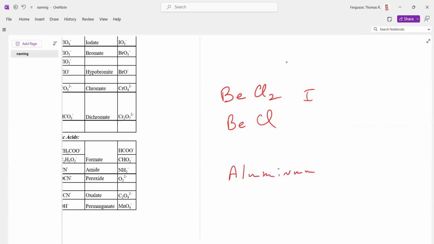Okay. Aluminum sulfate. What's the formula for aluminum sulfate? Well, do we have a cation for aluminum? Look on the left of your chart. Is aluminum there?